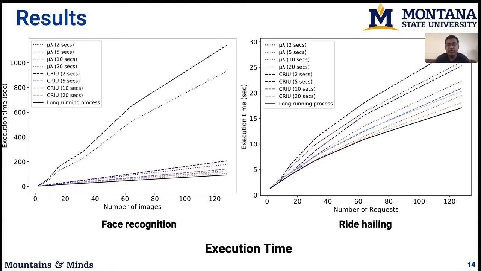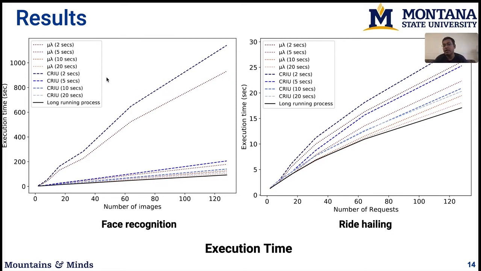In the next graph, we explain execution time, where we show two different graphs. We have another graph we didn't show here; if you want, you can check our paper. On the x-axis, we increase the workload, the number of images and number of requests, and on the y-axis we have the execution time in seconds.